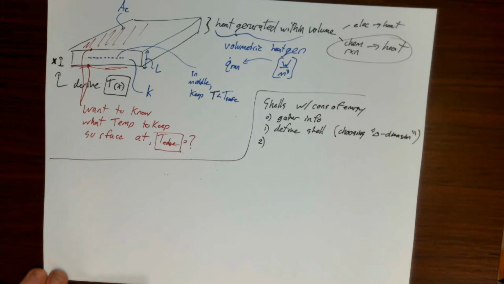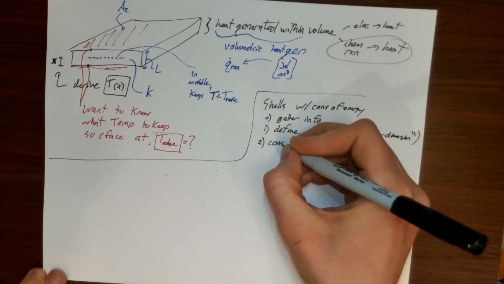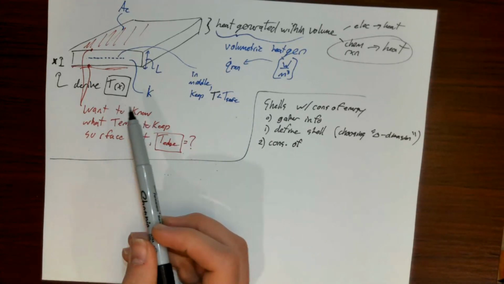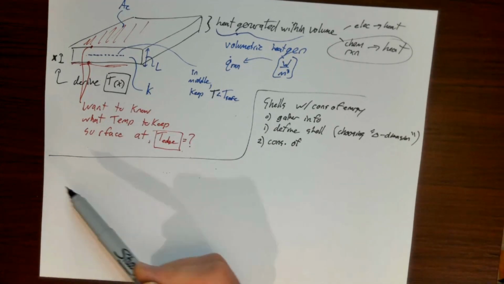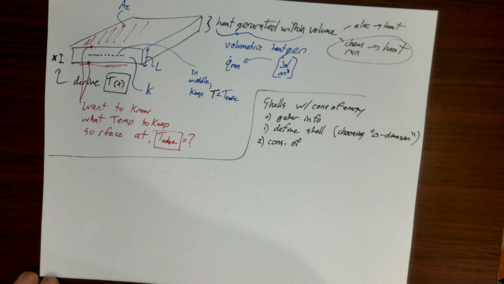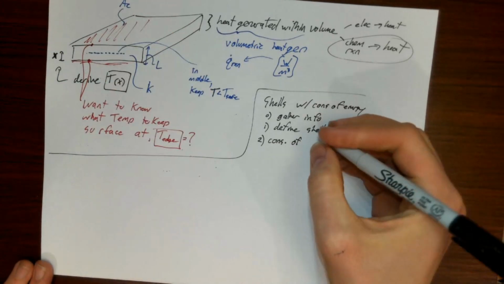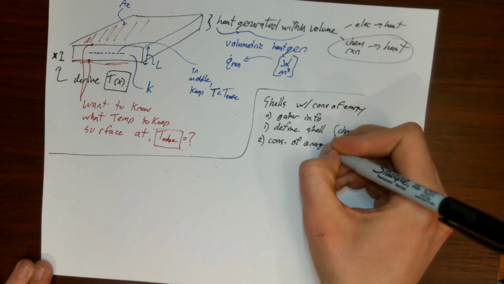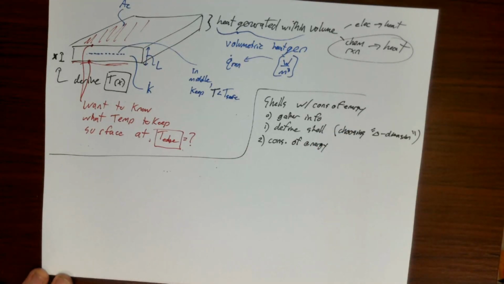After that, normally when we did shells for velocity profiles, we applied conservation of mass and conservation of momentum, but for this type of problem, we're going to do conservation of energy, because that's going to help us get information about temperatures, right? Temperatures and energies are very closely related to one another.